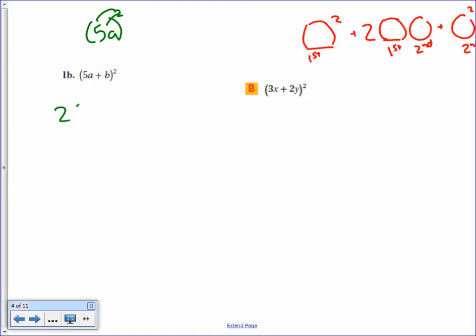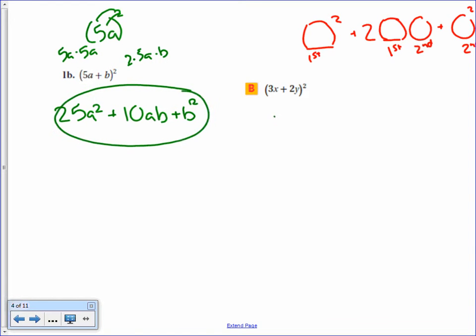So that's going to give me 25a squared. It's kind of like 5a times 5a. Now 2 times the first times the second, so 2 times 5a times b. The 2 and the 5 will give me 10, and the a times b will just give me ab. And the last one squared, the b, that's just going to be b squared.